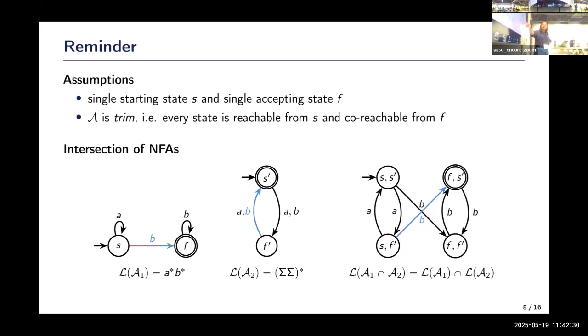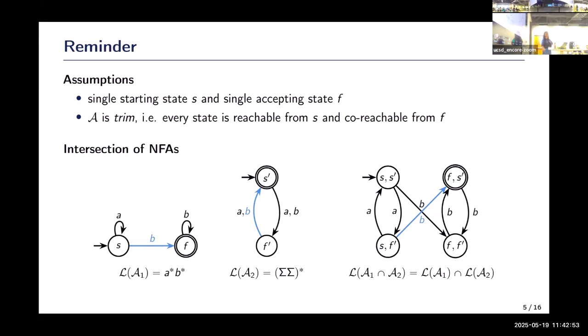Here, for example, I have this transition reading B because I had in the original a transition from S to F in A1 and also from F' to S' in A2. Naturally, when I take the intersection of NFAs, the language of the result is the intersection of the languages of the two previous ones.